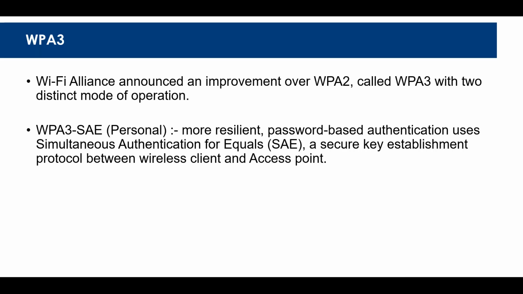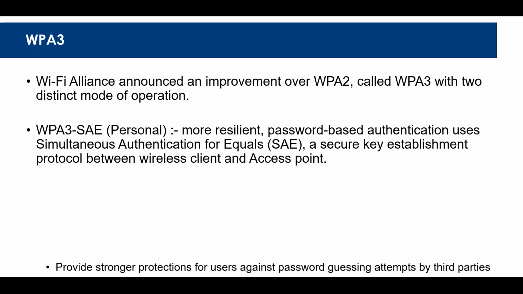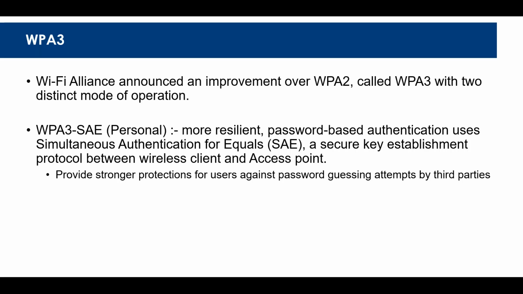Here we have WPA3 Personal and WPA3 Enterprise. WPA3 Personal uses password-based authentication and derives a secure key between the wireless client and access point. This provides strong protection for users against password guessing attempts by third parties.